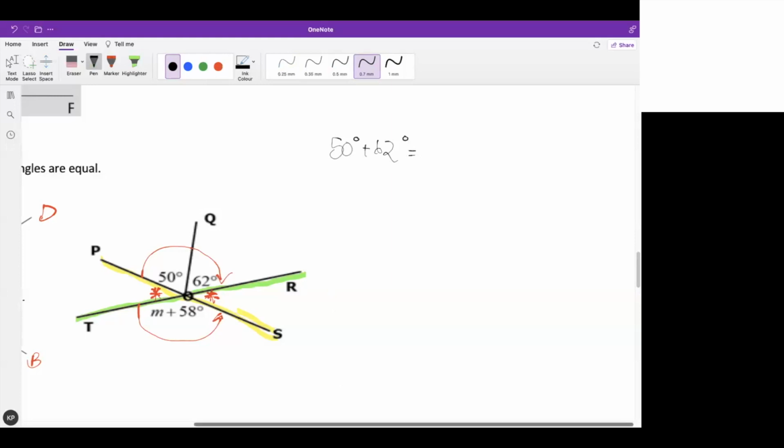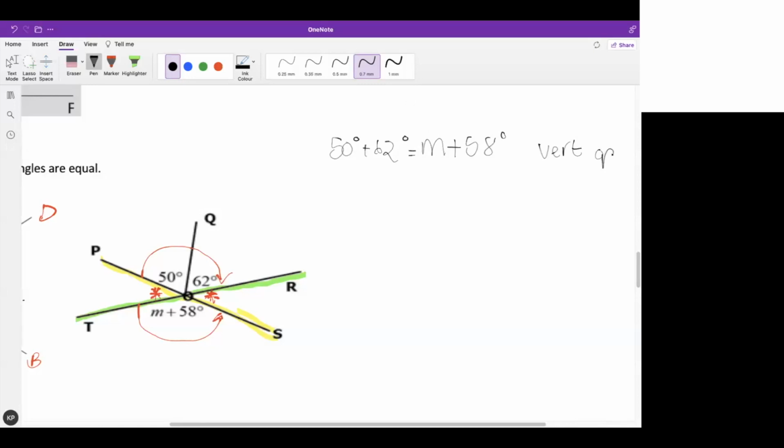What do you mean, ma'am? Look on the sketch. We said vertically opposite angles are what? Equal. So then this angle, which is 50 plus 62, is equal to this angle, which is m plus 58 degrees. There we go. Then you said 50 plus 62 is? 112.